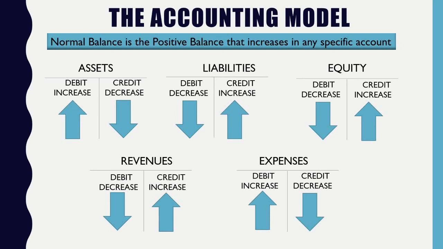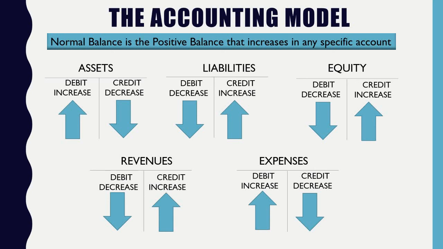So if I need to pay for my rent expense, then normally in order to pay for a rent expense, you're going to increase your expenses because you're basically trading an asset for an expense.